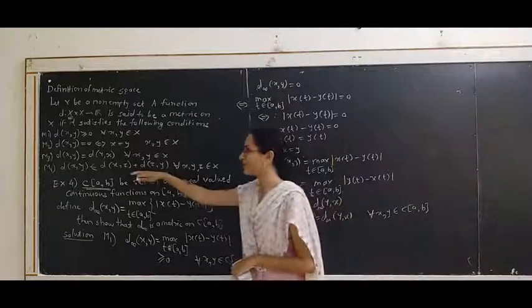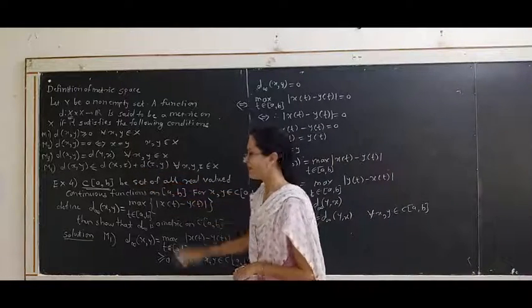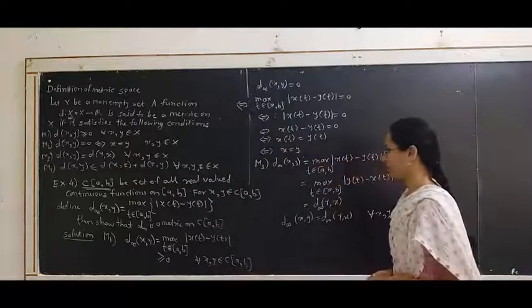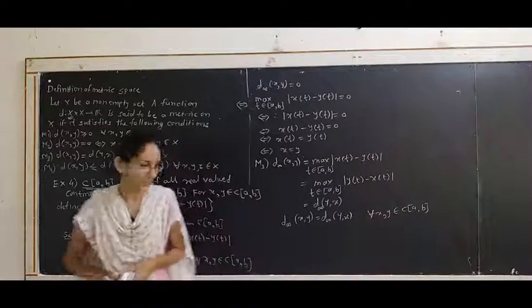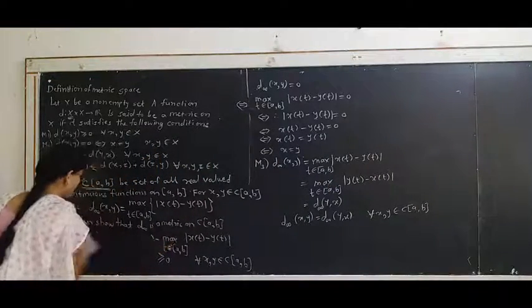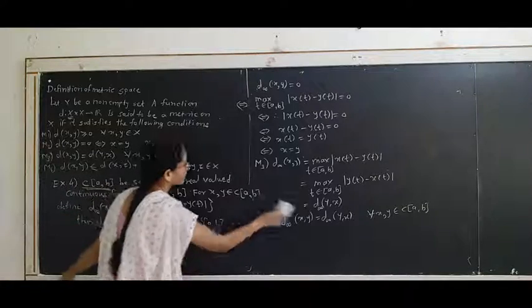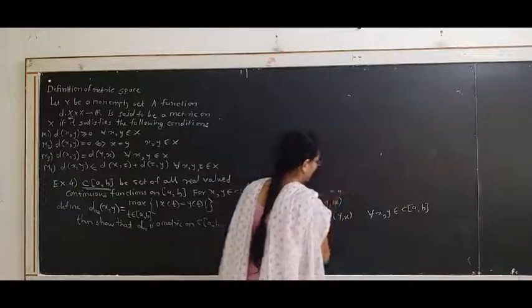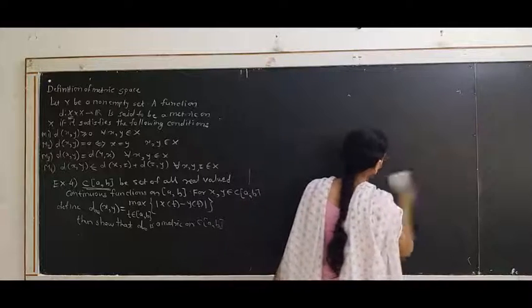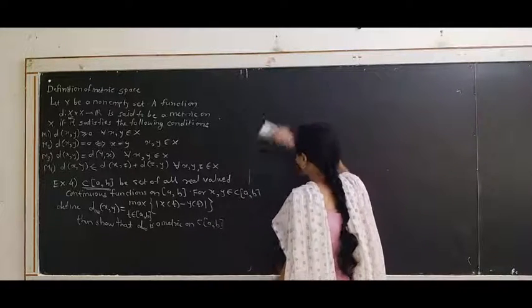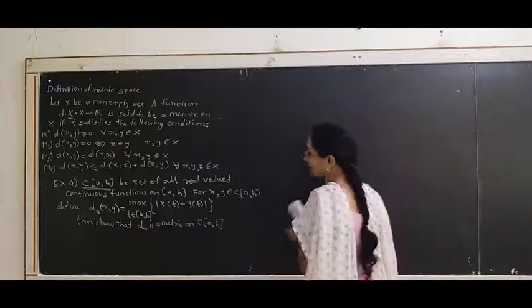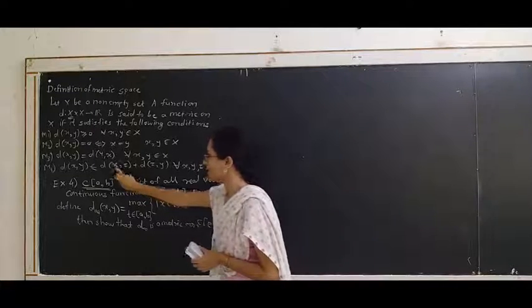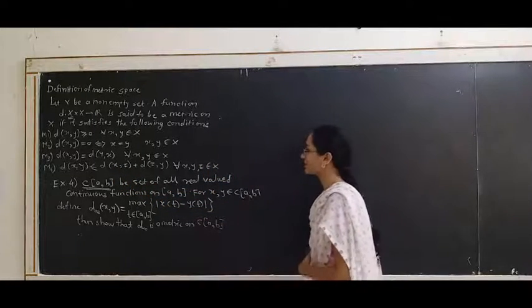The last property of the metric is the triangle inequality. Now we prove that last property. The triangle inequality has left side d of xy, and for that you require three functions x, y and z.